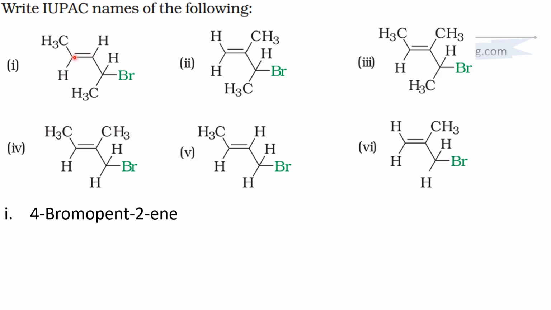So the lowest is obtained when I start from here. So bromine will be on the fourth carbon atom. So 4-bromo-pent. There are a total of 5 carbons. Pent, and we have a double bond, ene. I have to mention on which carbon the double bond starts. So it is 2. So 4-bromopent-2-ene.